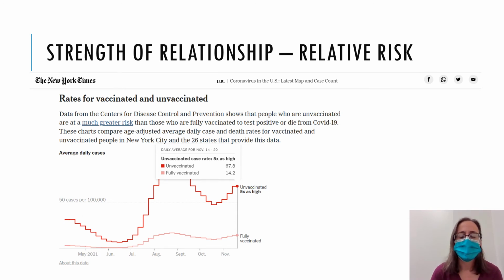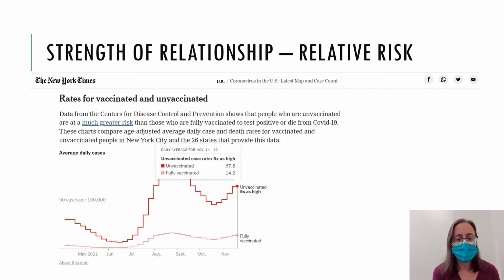So let's talk about relative risk, which is how we identify the magnitude of the association or the strength of the relationship. What we're looking at here is a graph of COVID average daily cases and its rate, so daily incidence rates of COVID-19, and they've broken it out by people who are fully vaccinated versus people who are unvaccinated.